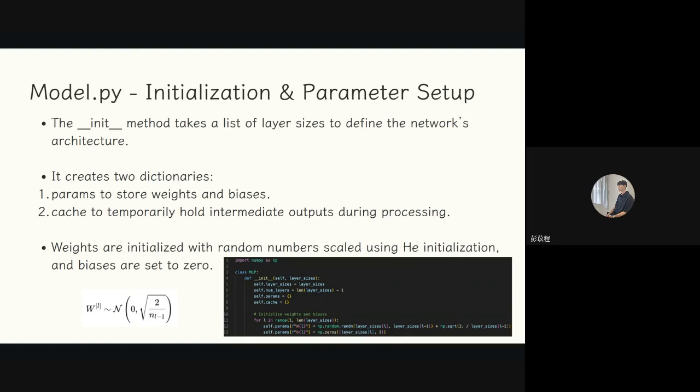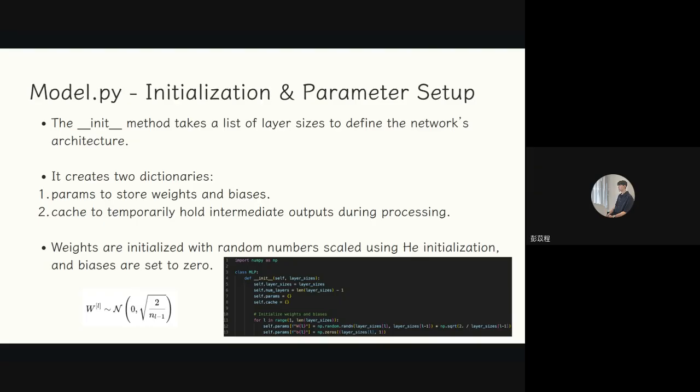In the constructor of our MLP class, we pass in a list that defines the size of each layer. Based on this, the code sets up the whole structure. There are 2 main dictionaries here. One called params that stores all the weights and biases, and another called cache to temporarily keep track of intermediate values during processing.